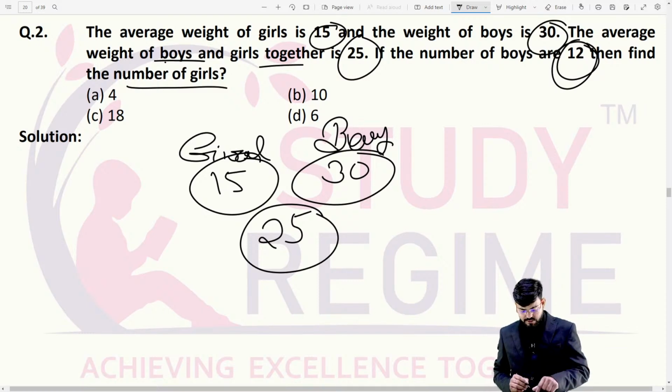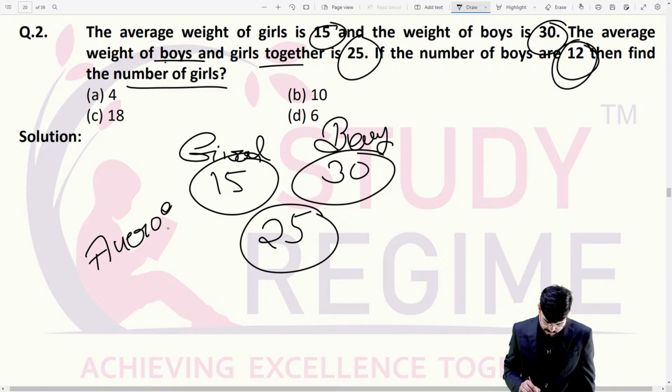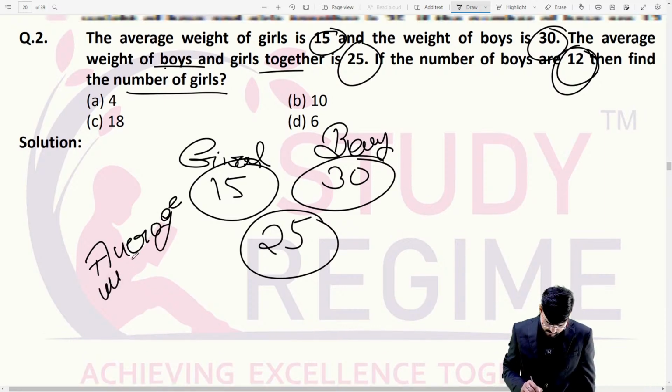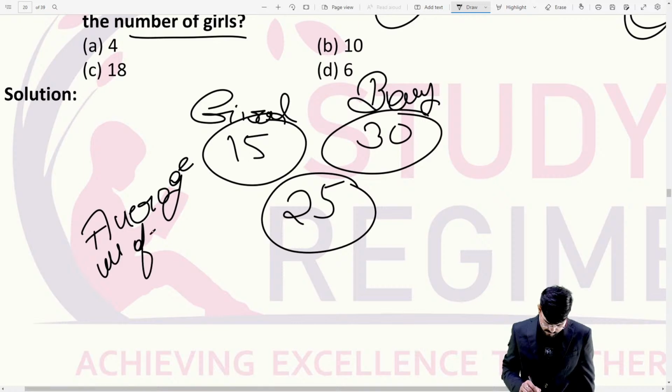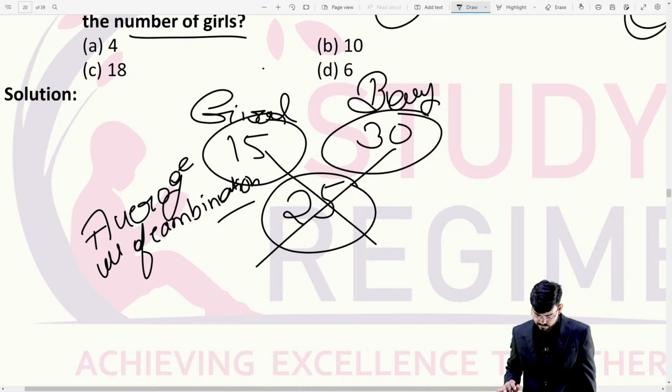The average weight of a girl is 15, the average weight of a boy I have written is 30, and after combining you will get the average weight as 25. Now you just subtract it. What you will get?